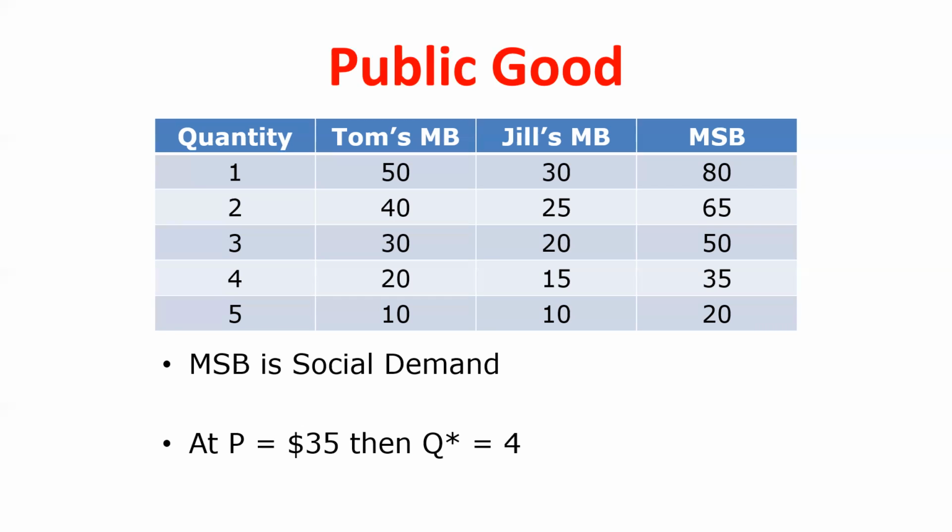Remember when we originally started talking about the demand curve and the aggregate or market demand curve, it was adding up every individual's marginal benefit. So here the marginal social benefit, or aggregate demand, is probably high enough that for society we would like some optimal level of national defense. We want to provide some of this good, but any one individual would choose 0, and so we end up with a less than socially efficient quantity.